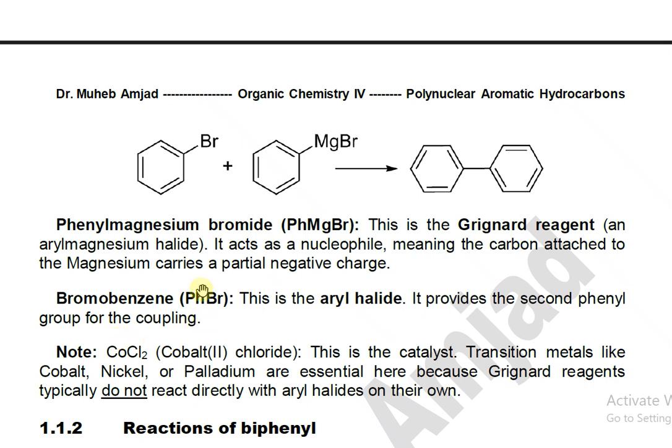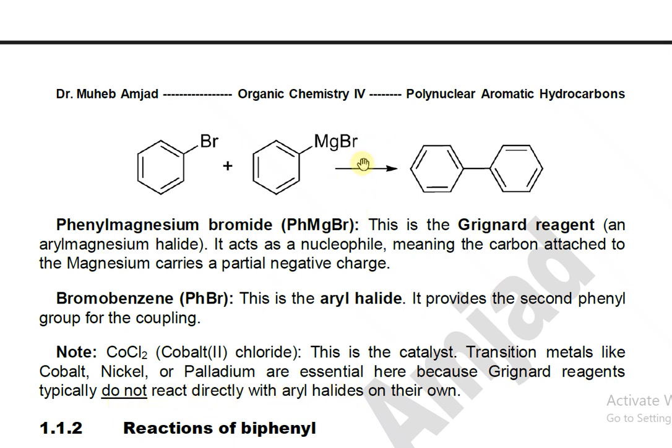This reaction needs a catalyst, cobalt chloride. This is the catalyst, because transition metals like cobalt, nickel, and palladium are essential here for the reaction, because Grignard reagents typically don't react directly with aryl halide.